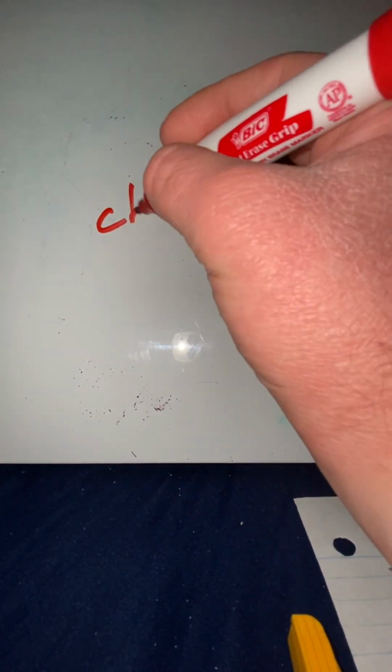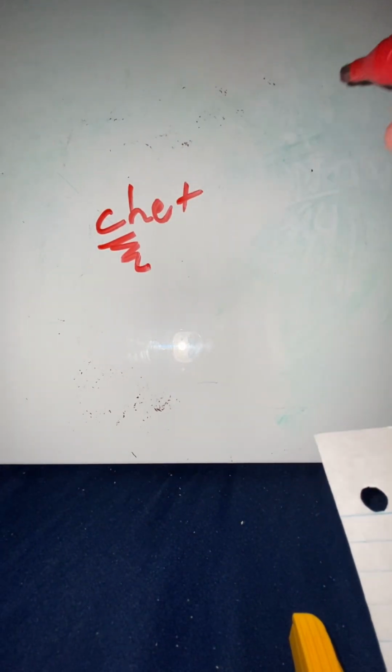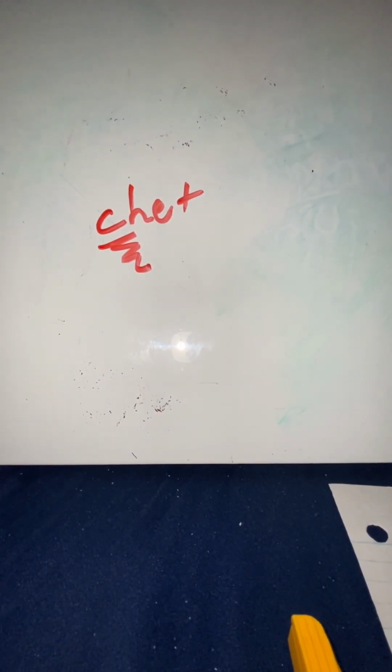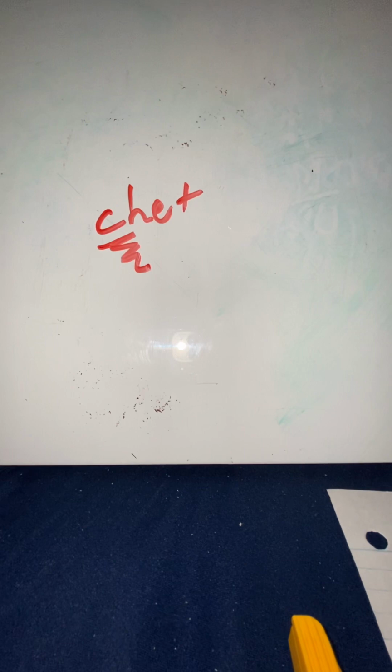Now we move on to the next letter of the alphabet, and this one is Chet. Okay? Anytime you see CH in English, when you're writing the sounds in English, it always makes a hard K sound with your throat.